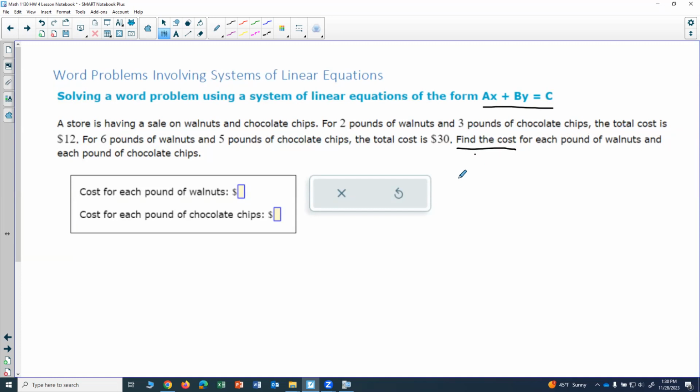When I'm setting up a system of equations, the first thing I want to do is identify my variables. So I'm going to let x equal the cost of 1 pound of walnuts.